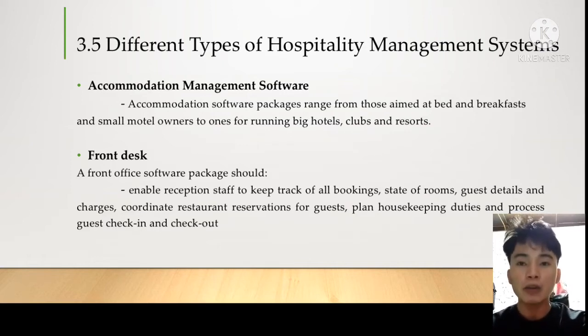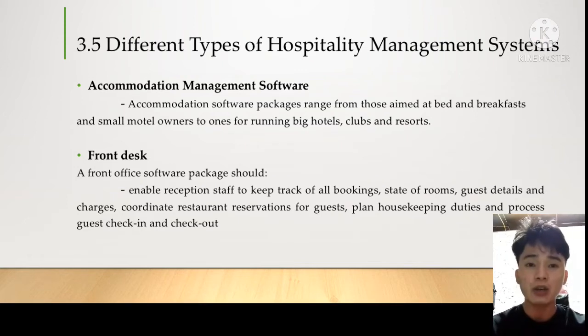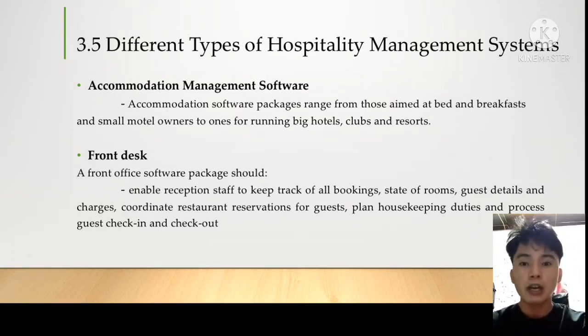So, accommodation management software is software that a hotel uses in order to manage their reservations, their inventory, their retail, their services, staffing, training, and accounting, and much more.